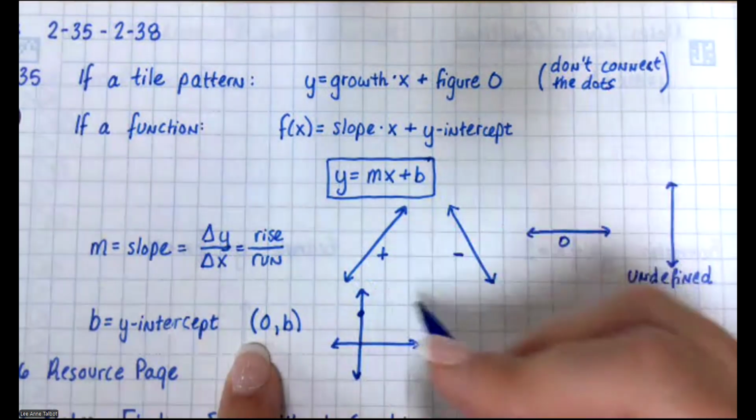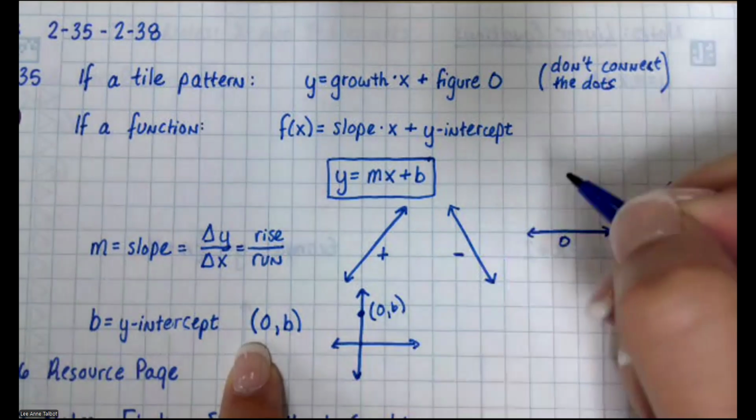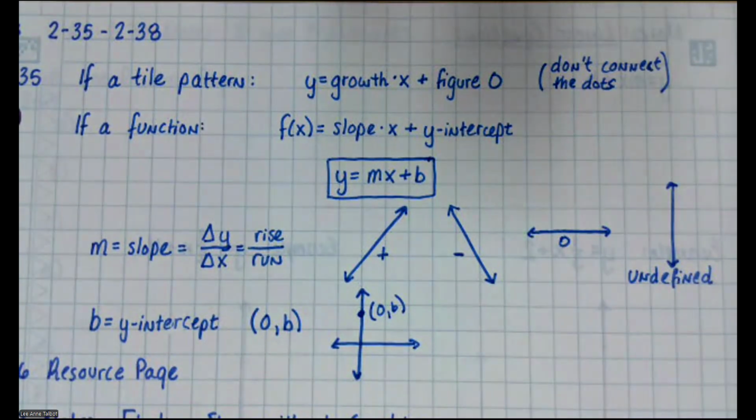And it's always on the y-axis and has the coordinate 0, B. Make sure you're looking for your y-intercept on the y-axis.